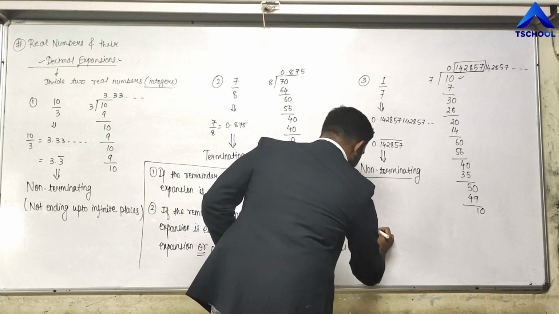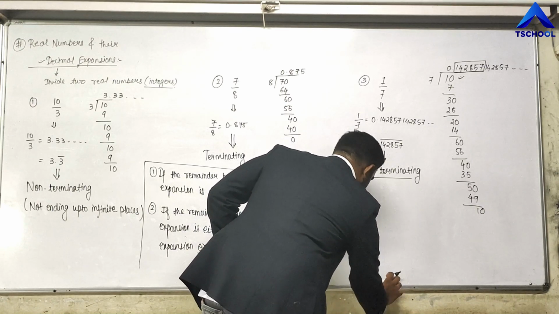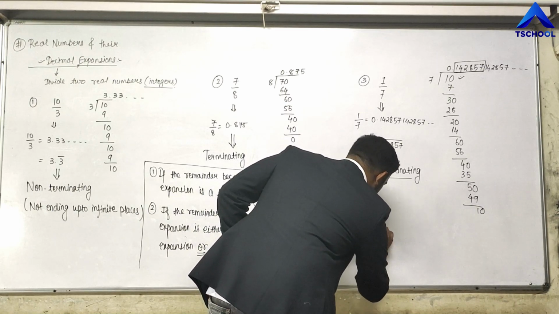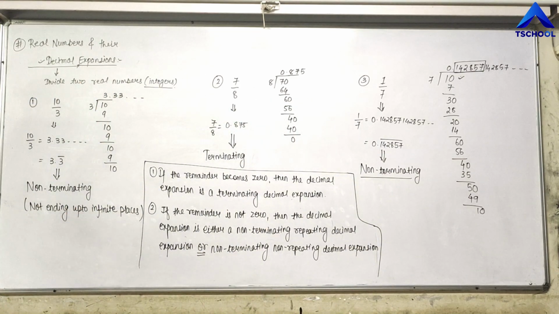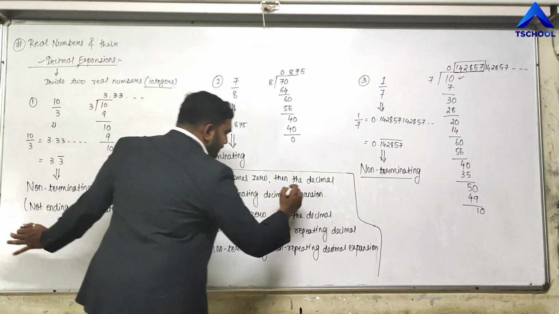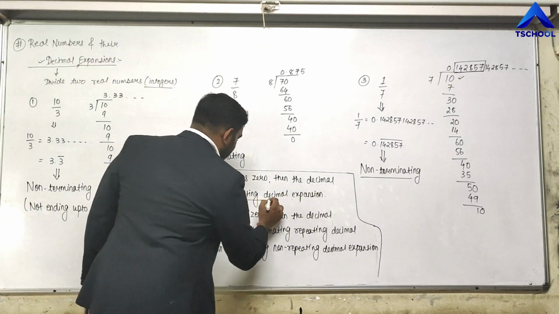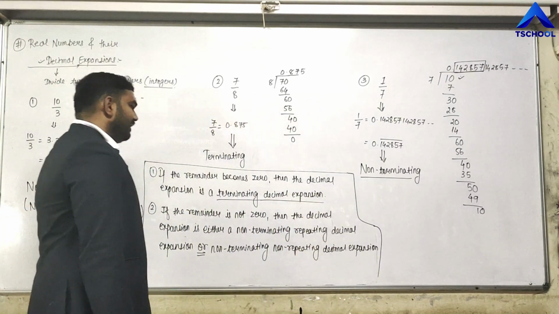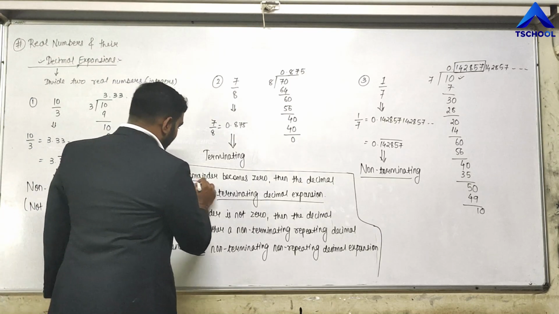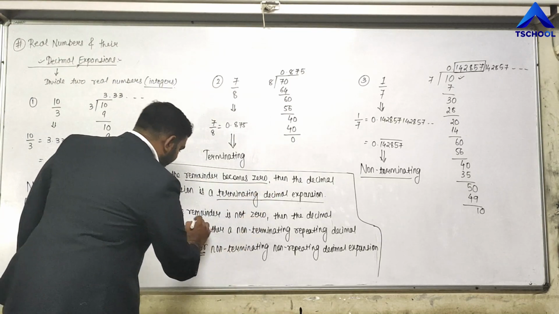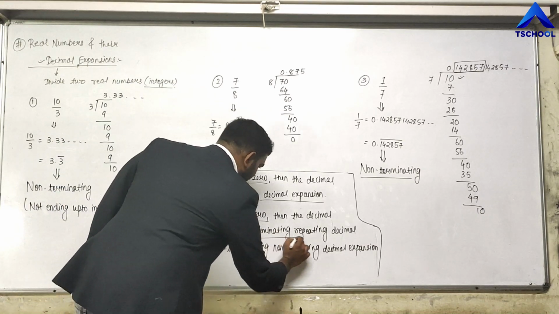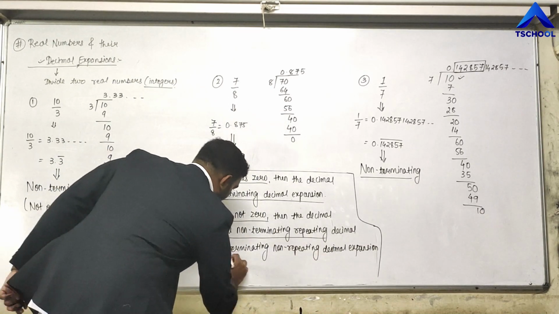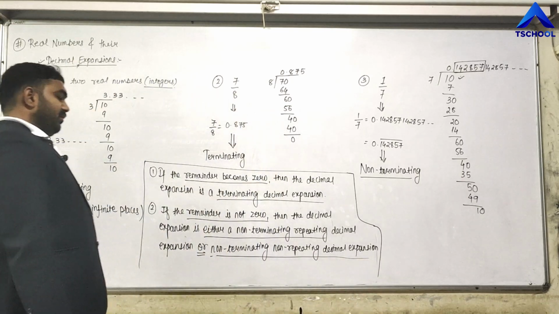So this concludes that if the remainder becomes 0, then you will get a terminating decimal expansion. Now if the remainder is not 0, then the decimal expansion is either a non-terminating repeating one or a non-terminating non-repeating one.